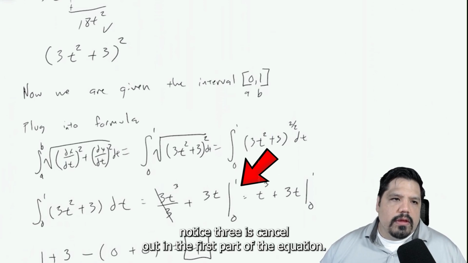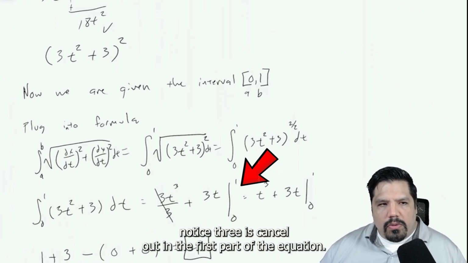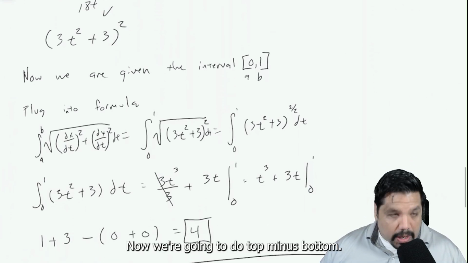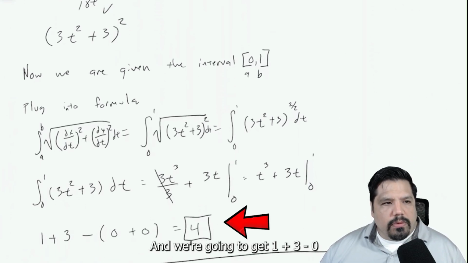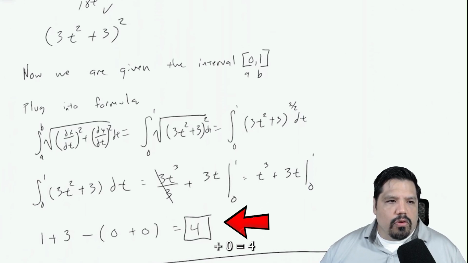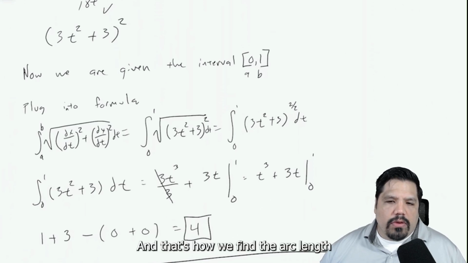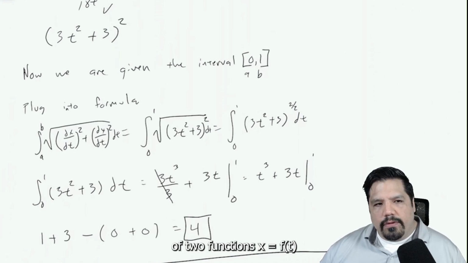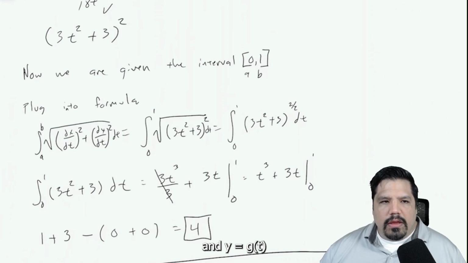The 3's cancel out in the first part, and that becomes t cubed plus 3t from 0 to 1. Now we do top minus bottom, and we get 1 plus 3 minus 0 plus 0, which is equal to 4. And that's how we find the arc length parametrically of a curve from A to B of two functions, x equals f of t and y equals g of t.